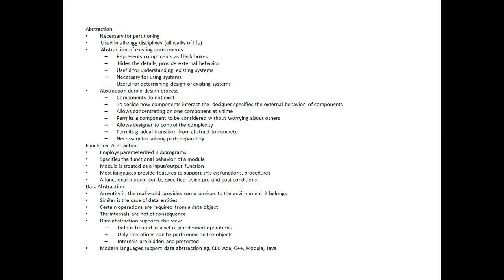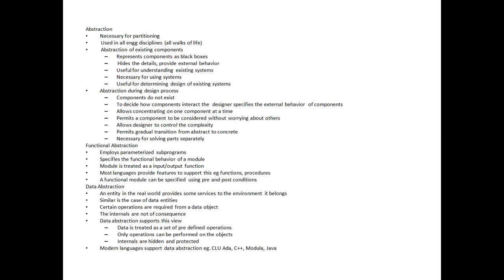Data is not treated simply as objects, but it is treated as objects with some predefined operations on them. The operations defined on a data object are the only operations that can be performed on those objects.